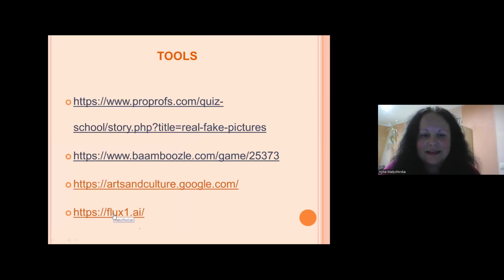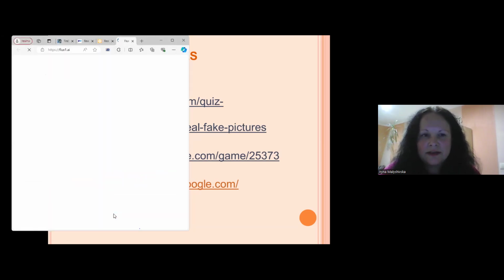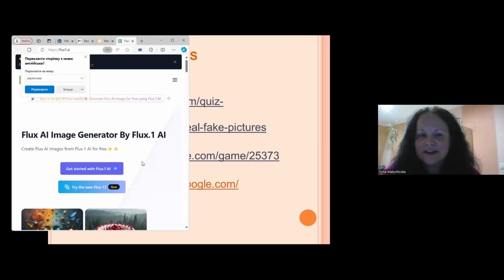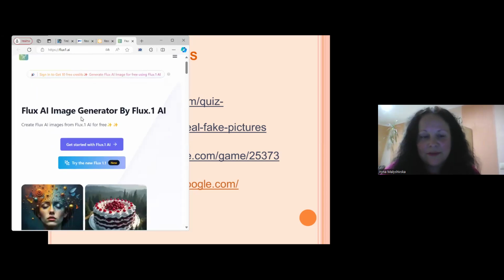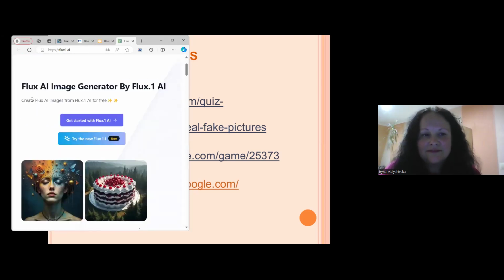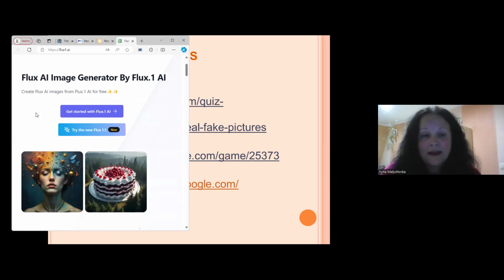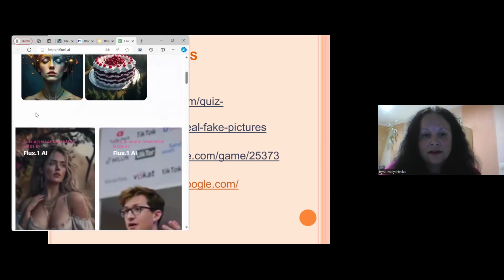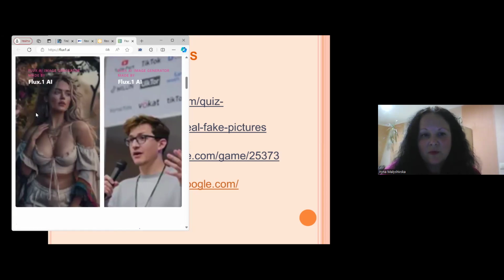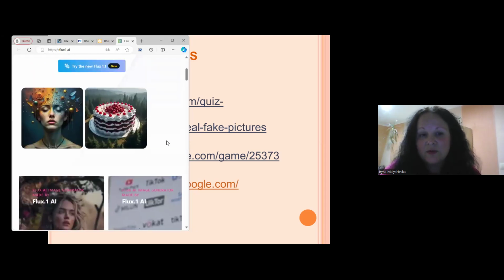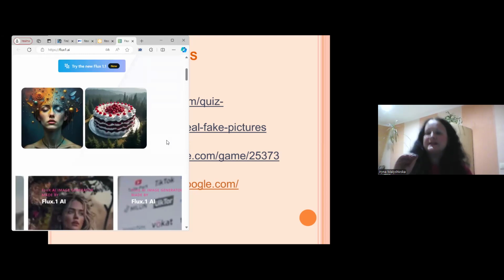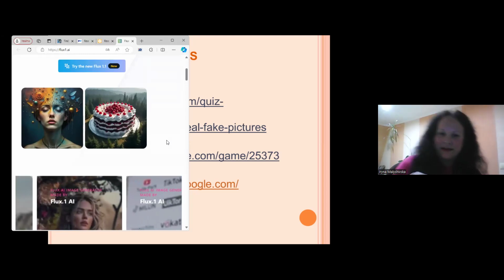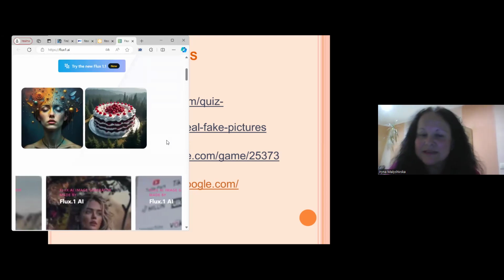Okay, then there is this tool that you yourself can use to create different AI images, and there are a lot of tools. I love this one. Flux. Well, of course you need to register, but it's free, and you can give prompts. Why do I love this one? Because you give prompts and it tries to follow your prompts as precisely as possible.